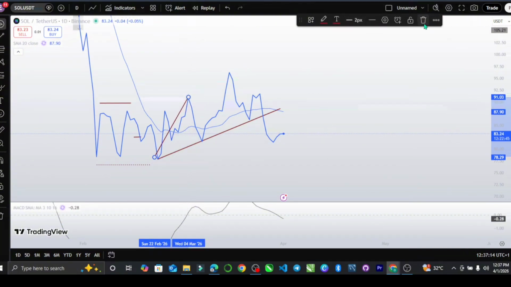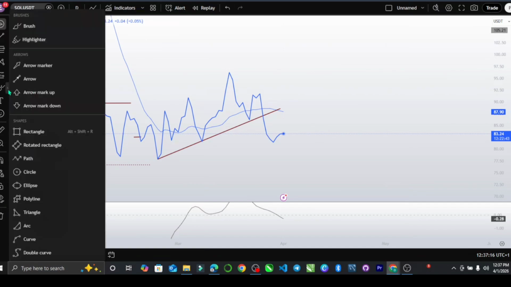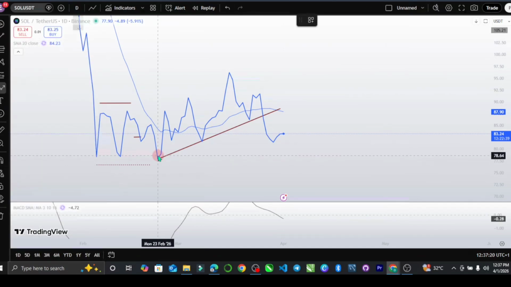Oh, sorry, let's use the path. If you look at it carefully, you notice we have a particular line here, we have another one, and another one here, then another one here.